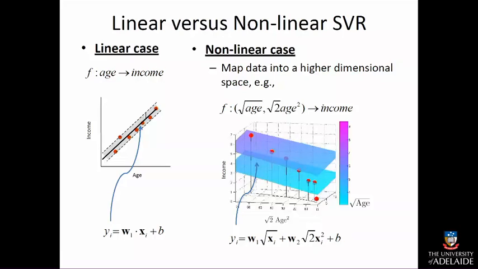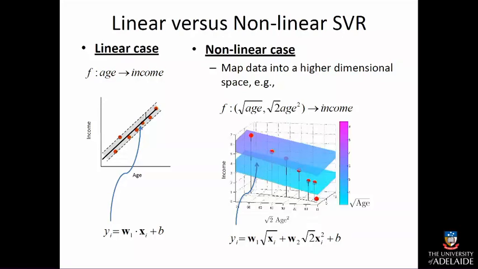When we studied support vector classification, we said that given a bunch of data in the original space, you may not be able to find a linear classifier which separates the data points. So we lift the original data into a high dimensional space. And in that high dimensional space, it's much easier to find a linear function which can separate those data points.